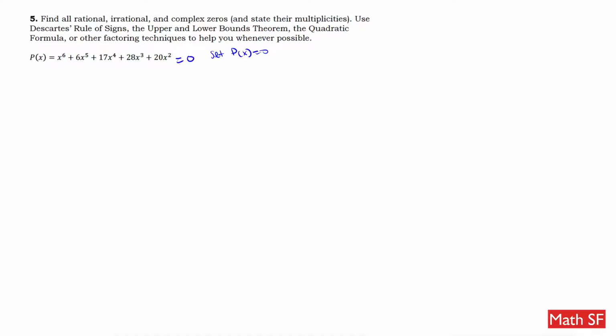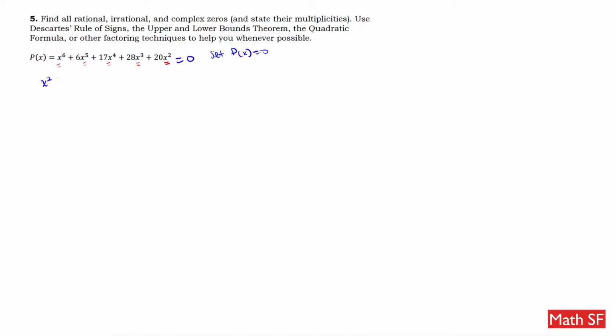And to solve any higher degree polynomial, like after 2, or 3, 4, 5, anything, you actually need to factor. You've got to try to use factoring techniques here. So let's try to factor if they have anything in common. There is an x to the 6th, x to the 5th, x to the 4th, x cubed, and x squared. We can see that they have an x squared in common. So we're going to factor that x squared.